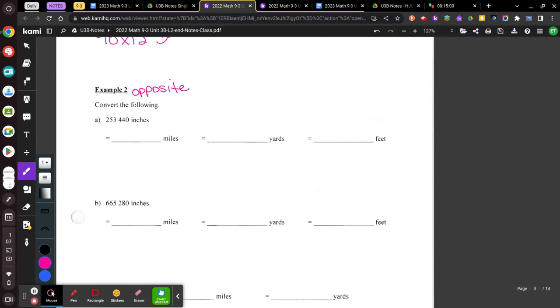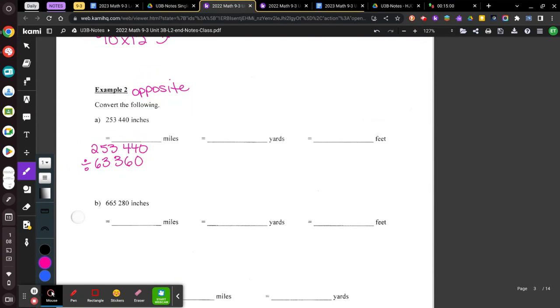So now I'm going inch to miles. I'm taking my large number, 253440, and I find the inch to miles. I find the number, but because I'm now going down, I'm going to divide by that number. So we're dividing by 63360.